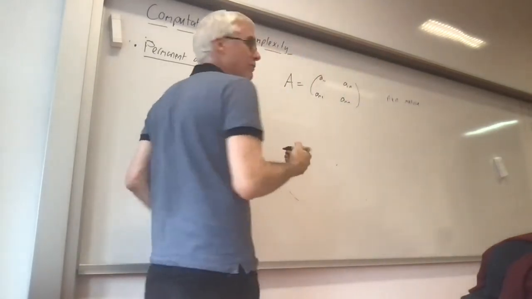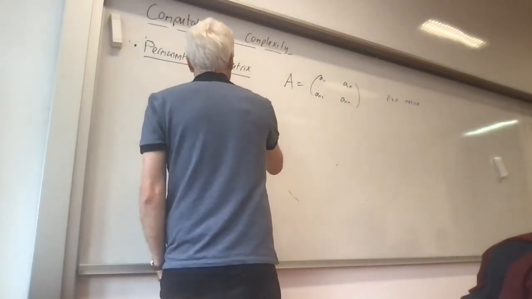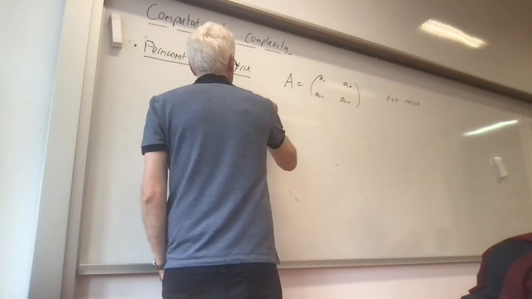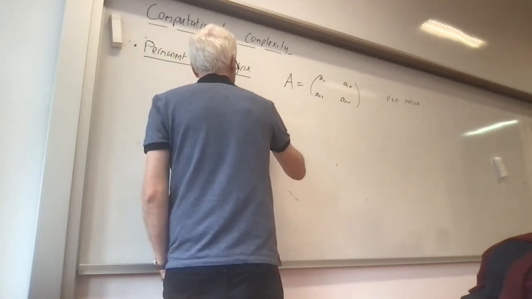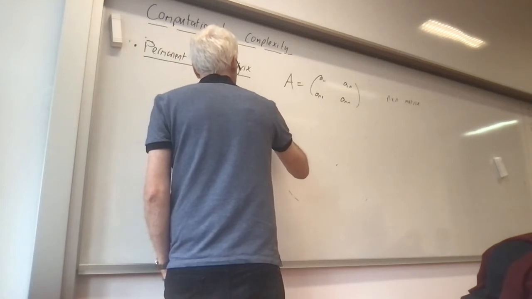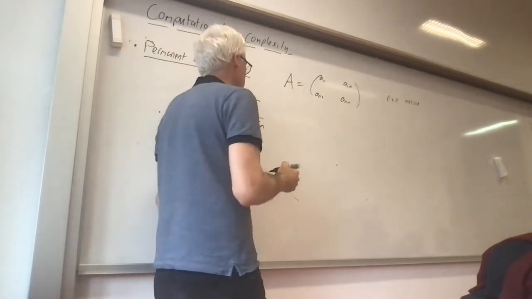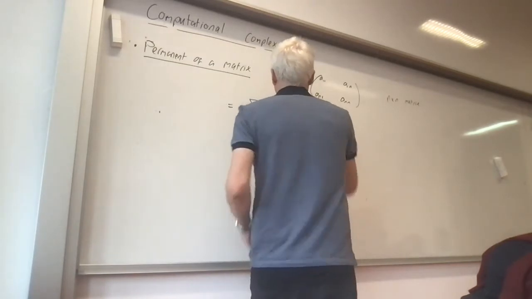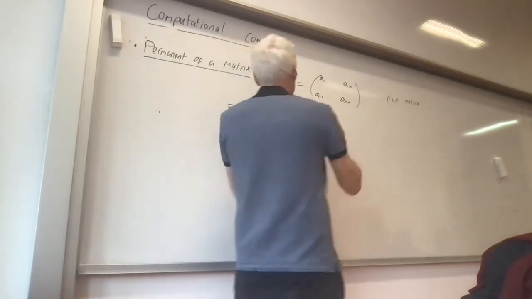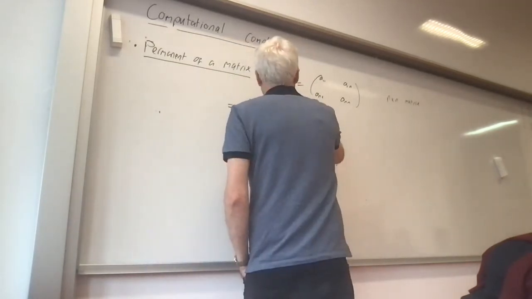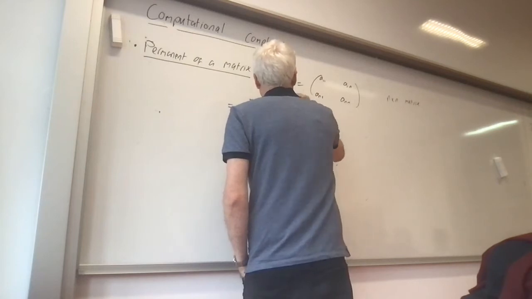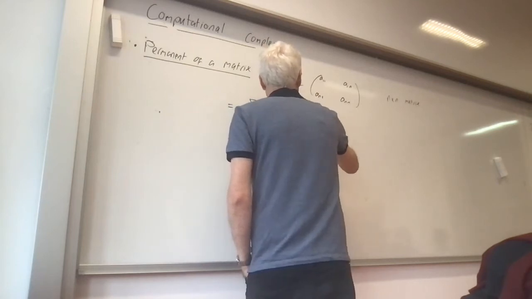Remember the Leibniz formula for the determinant that we looked at earlier was over every permutation, so we sum over all permutations on the numbers 1 to n. We sum the sign of the permutation times the product from i equals 1 to n of the entry in row i at column sigma i.